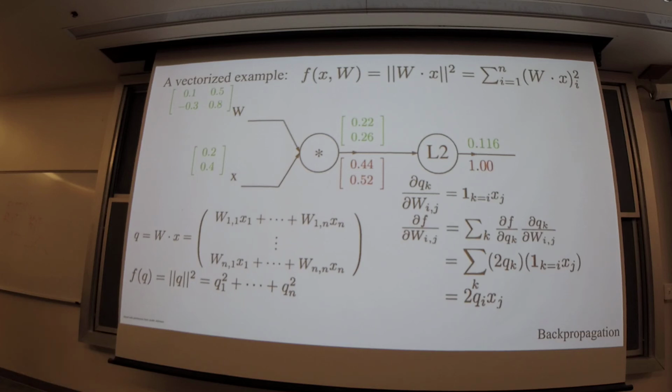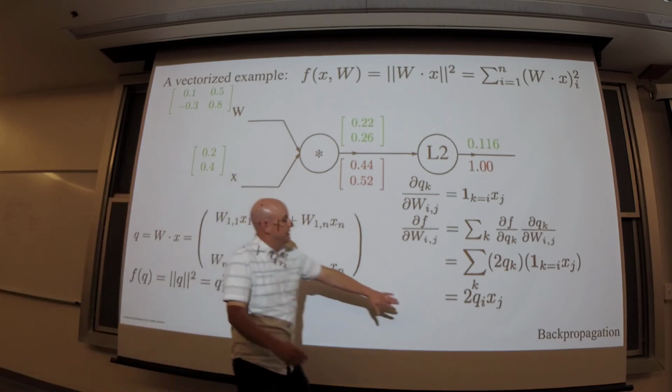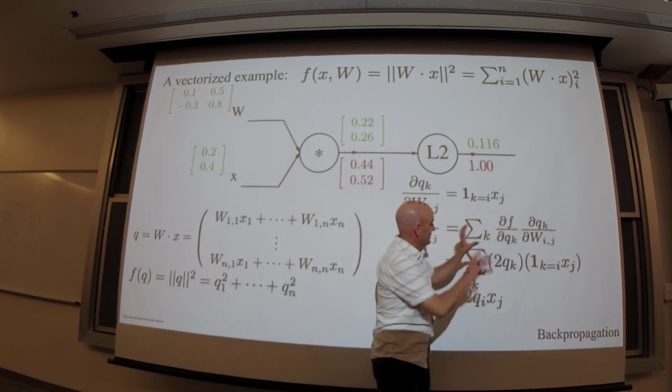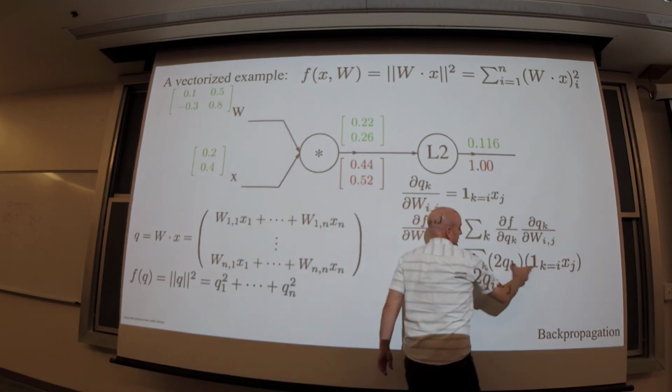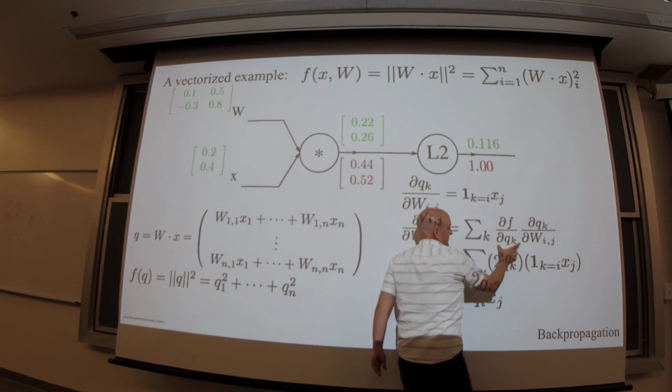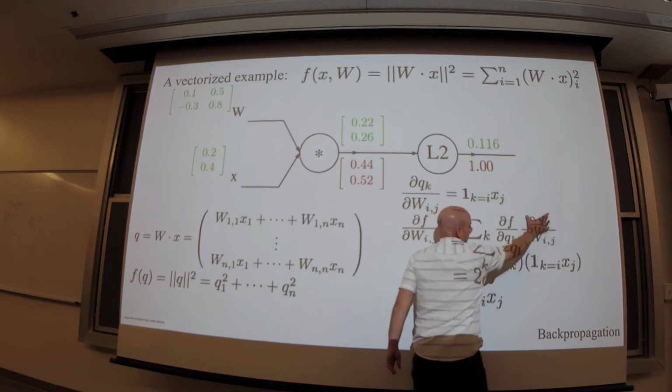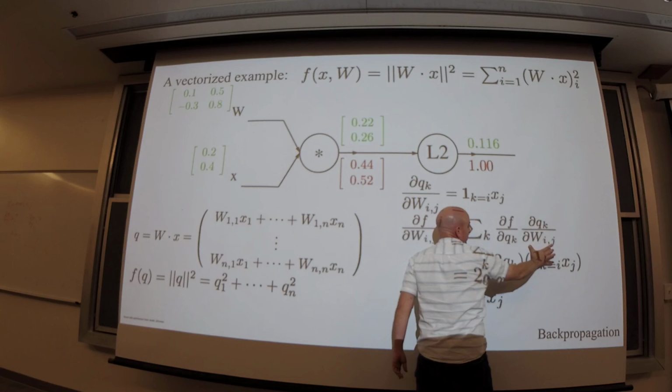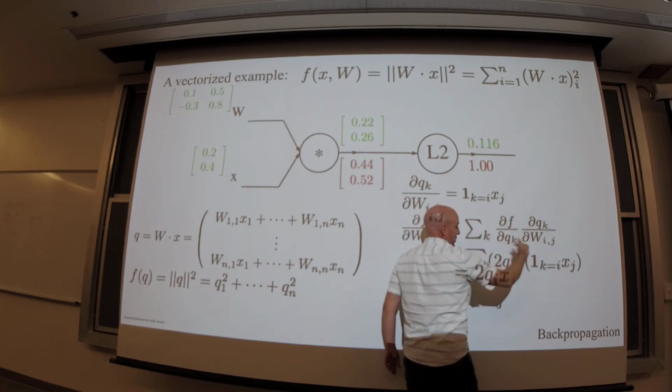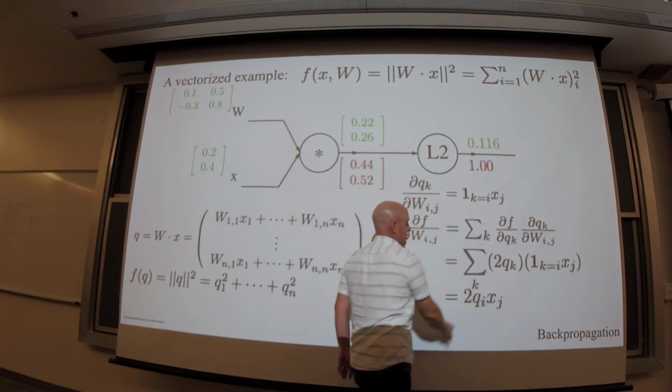Let me just say it one more time. These terms right here represent all of our upstream gradients. This represents all of the local gradients, in the right order, in the right paths. We calculated these, and it just turns out to simplify to that.